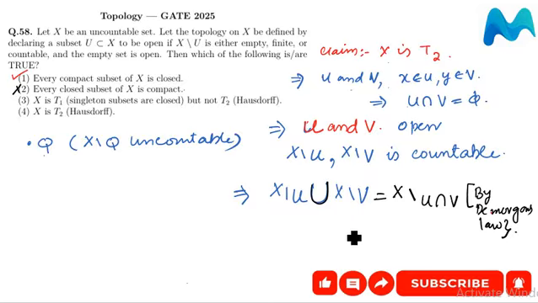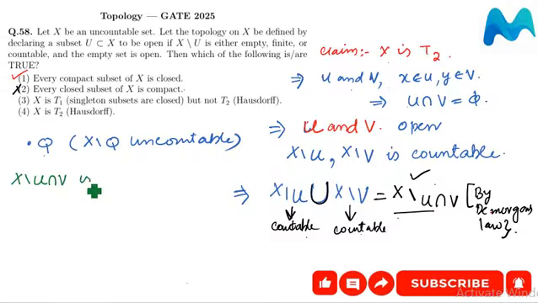This is countable, and this is also countable, so the union of countable sets is countable. So we have X minus (U intersection V) is countable.